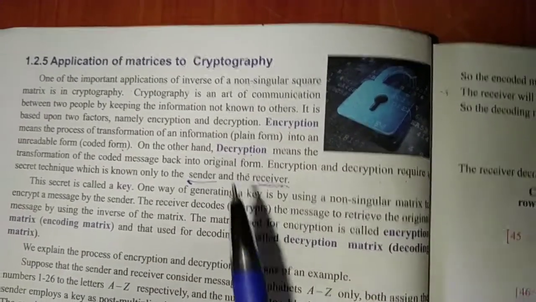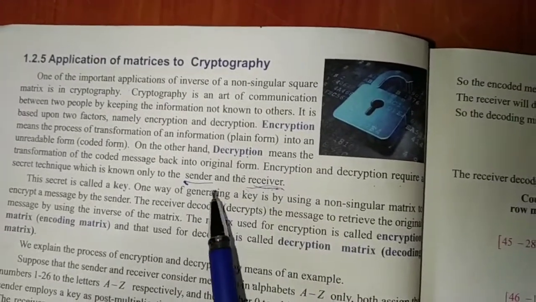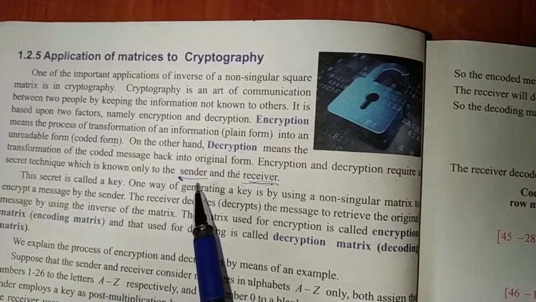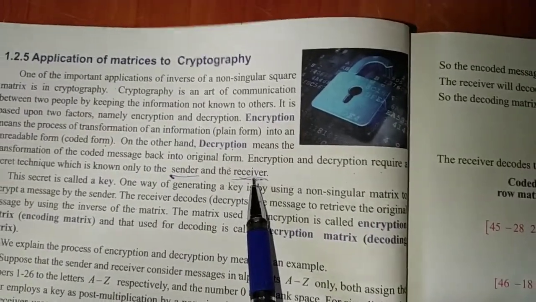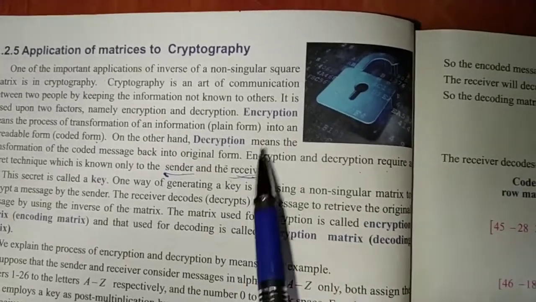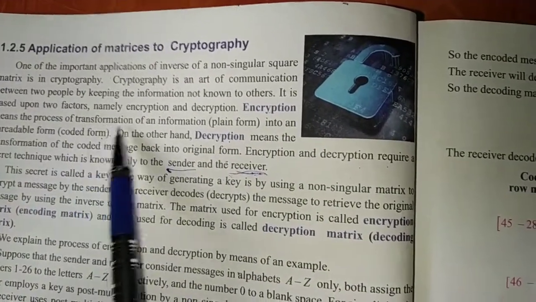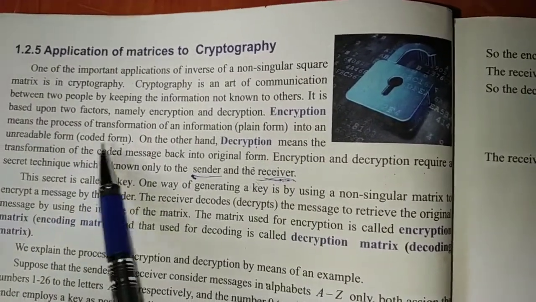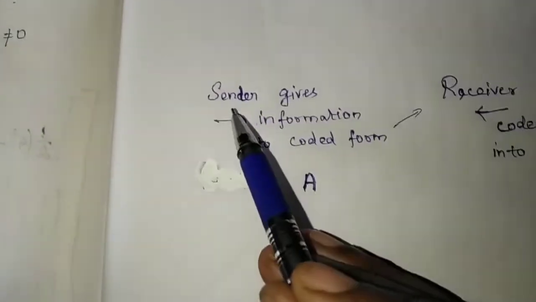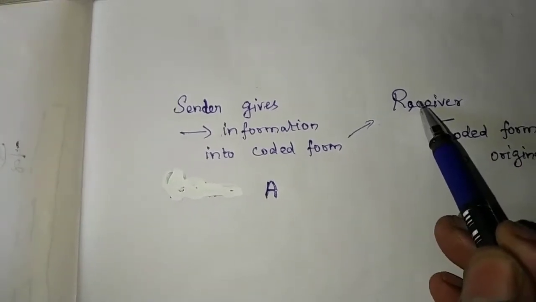Example: a detective agency has two detectives. The first one is a sender and the second is a receiver. Encryption means the sender gives the information in coded form to the receiver.